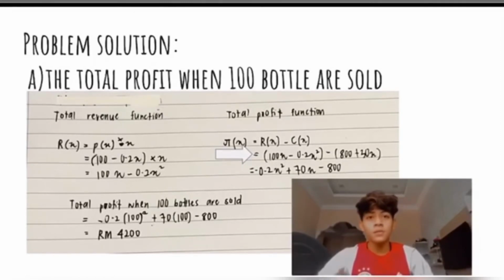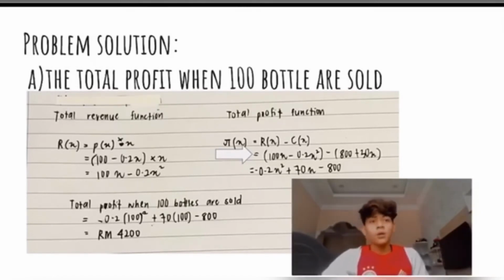Okay, first we must find the total revenue function. The total revenue function equation is R(x) equal to P multiplied by x. So 100 minus 0.2x multiplied by x. So the answer for the total revenue function is 100x minus 0.2x squared.